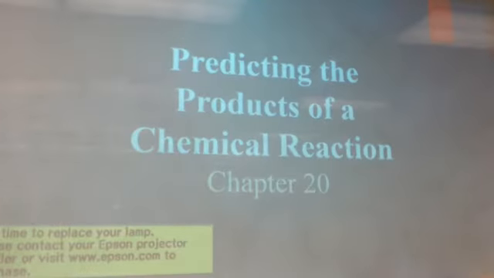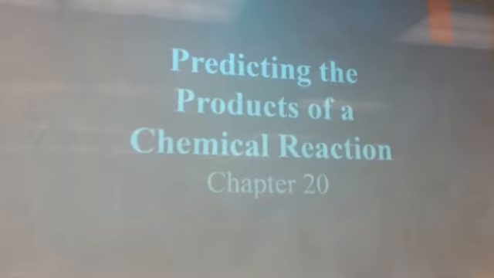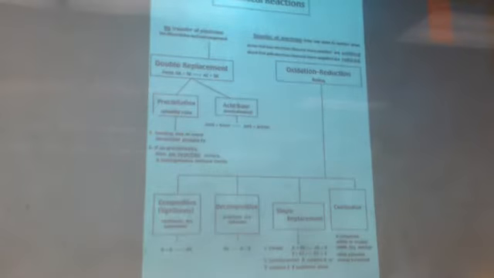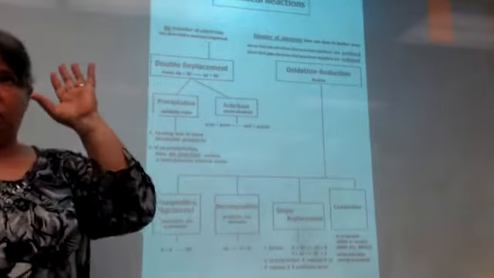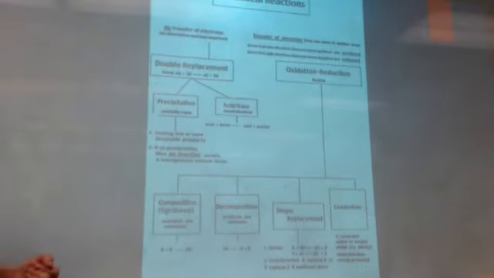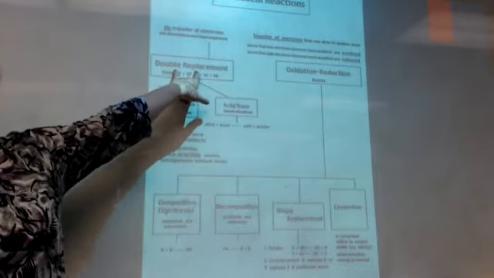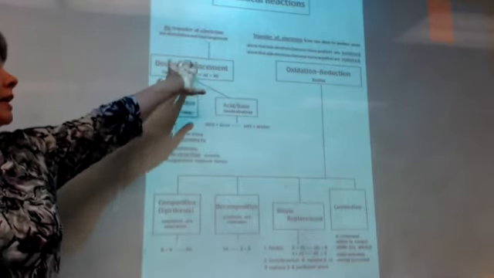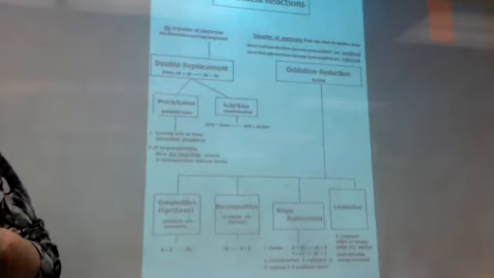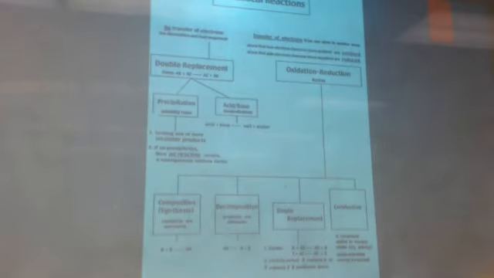Okay, so in the process of getting there, we need to know a couple of terms. We're going to do them in different groupings based on the types that they are. And by the end, you should be able to predict what is formed in pretty much any reaction. All right, so we're going to break this down into two groups based on the way the reactions happen. We're going to focus first on our double replacement reactions. In double replacement reactions, everything always happens the same way.